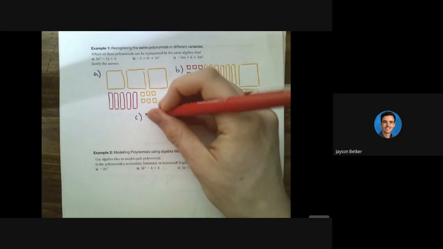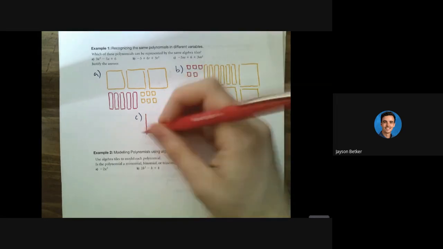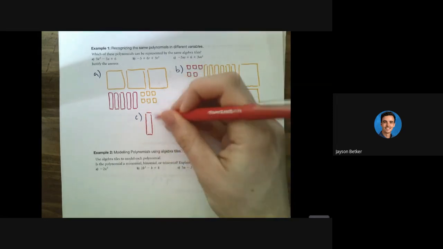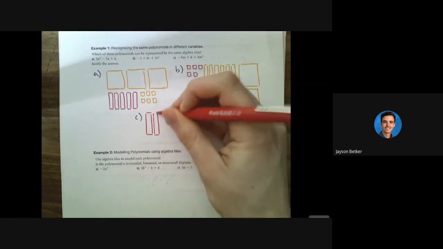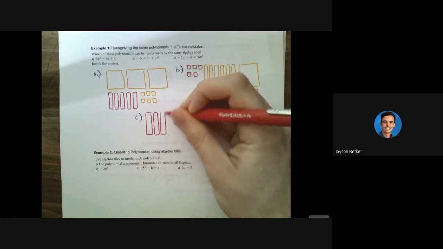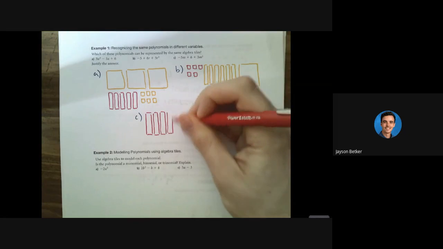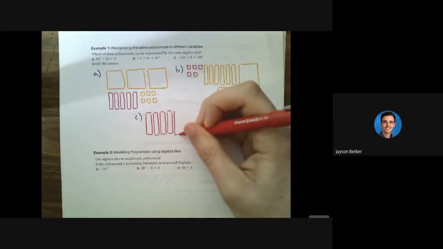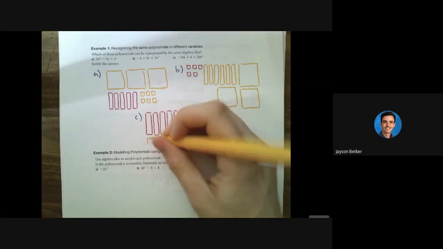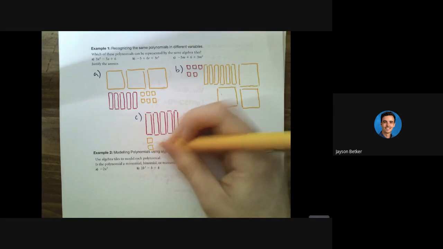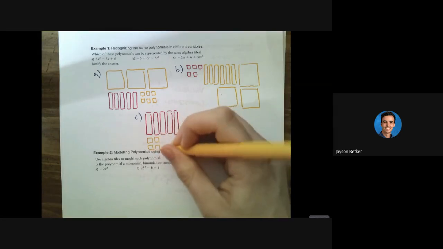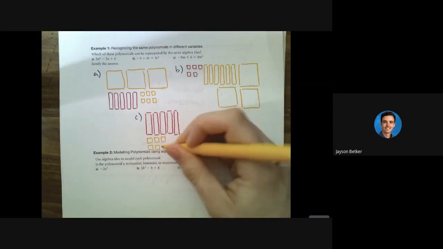Let's do part C here and see what we get. We have negative 5m. That's going to be 5 of these red ones. 2, 3, 4, 5. And then plus 6, that's going to be 6 of these. 1, 2, 3, 4, 5, 6.